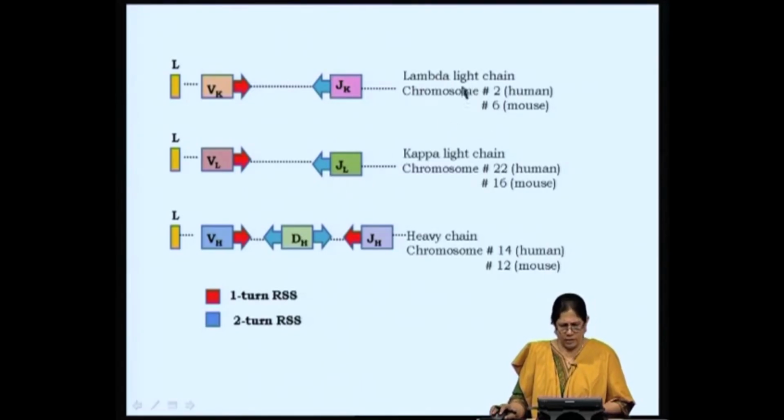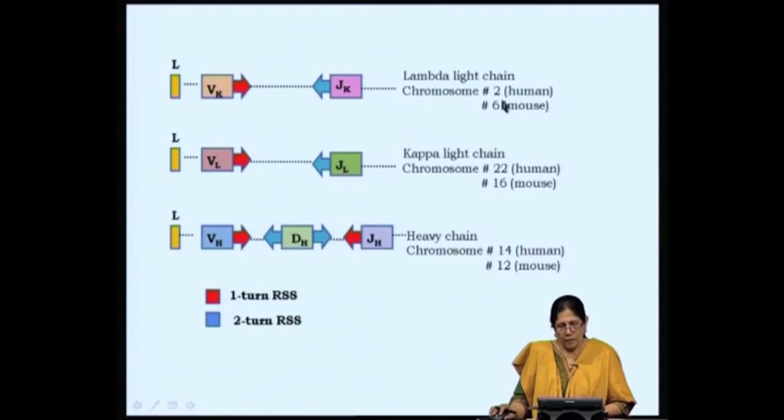Both of these are very similar to each other, except I would like to mention here, and we will discover later, that the kappa light chain has a little bit more variability than the lambda light chain. In mouse, in fact, 95% of the immunoglobulin genes associate with kappa light chain.